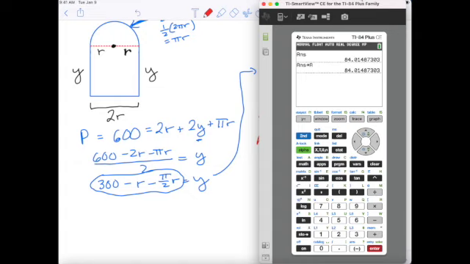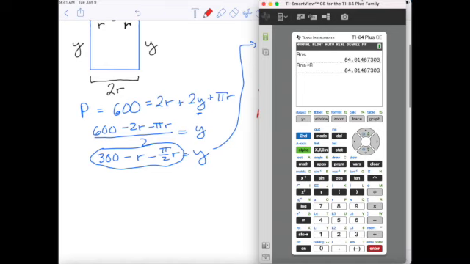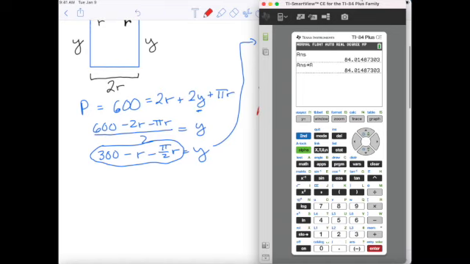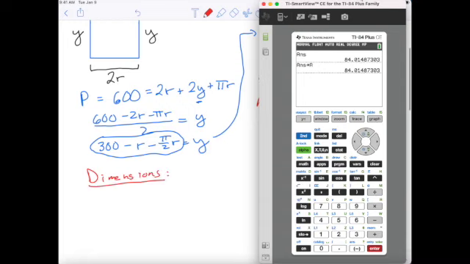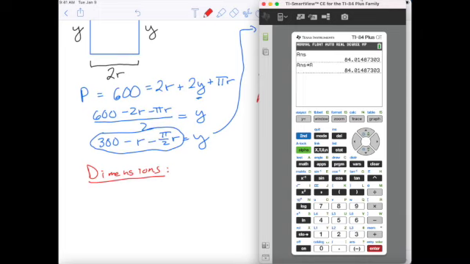So okay, here is how I'm going to play this. The dimensions of the corral is what I'm looking for. The dimensions is what they ask for. Sometimes they'll say what is the maximum area. The dimensions are, I guess that base was 2r.